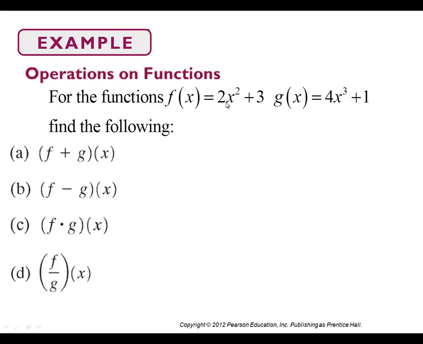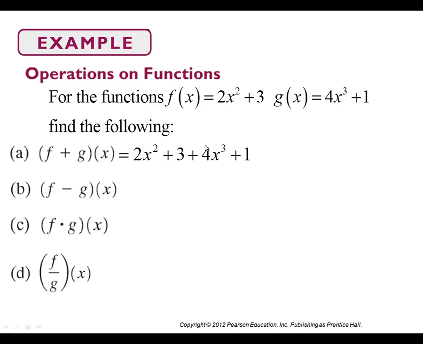Here we have f of x is equal to 2x squared plus 3, g of x is equal to 4x cubed plus 1. So we have 2 functions here. And so we have (f plus g)(x), and I would like to split that into f of x plus g of x, and we're going to substitute each of these equations in there. The f of x, that'll be the 2x squared plus 3.